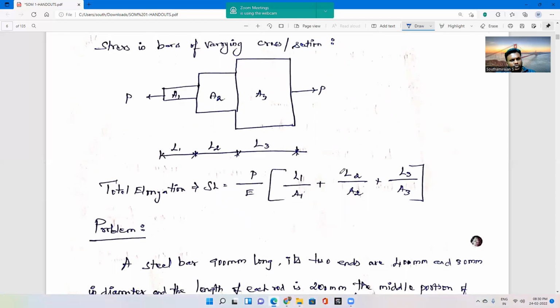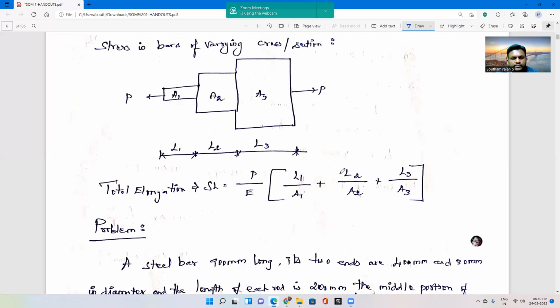Next we will go through the stresses for varying materials with different cross sections. The stress in a bar of different materials is calculated. We are taking three different sizes of members, A1, A2, A3, a varying size member.